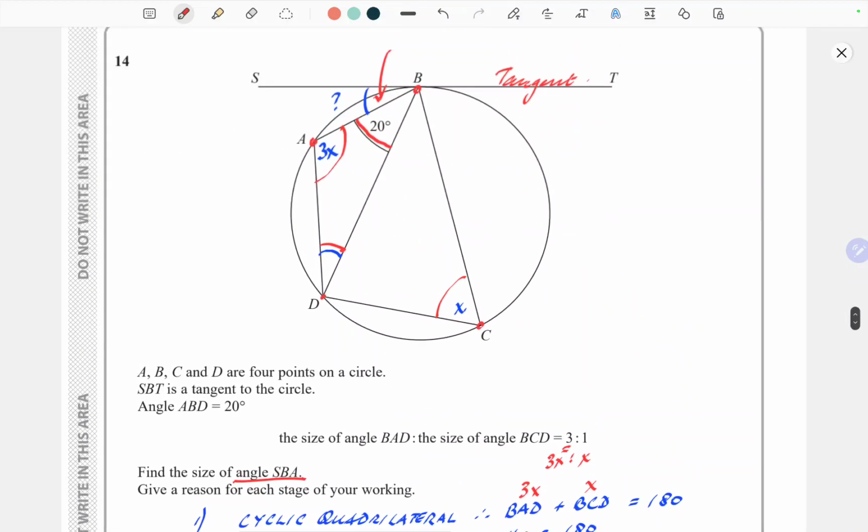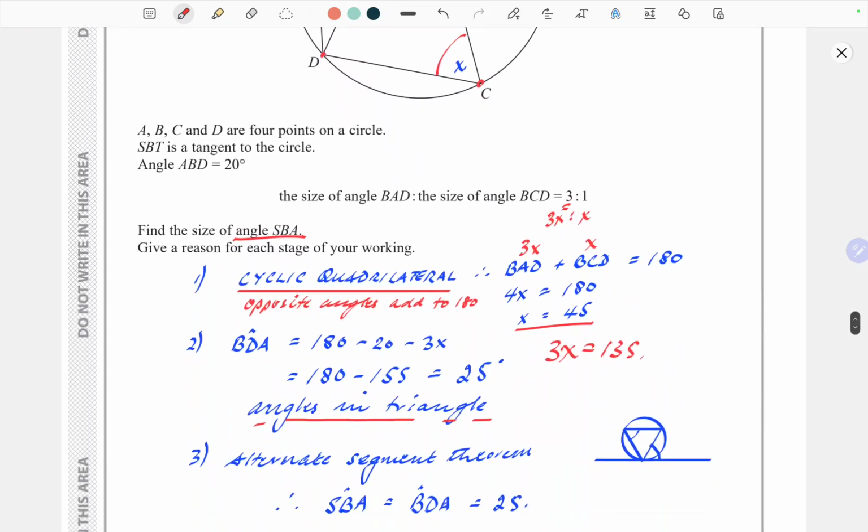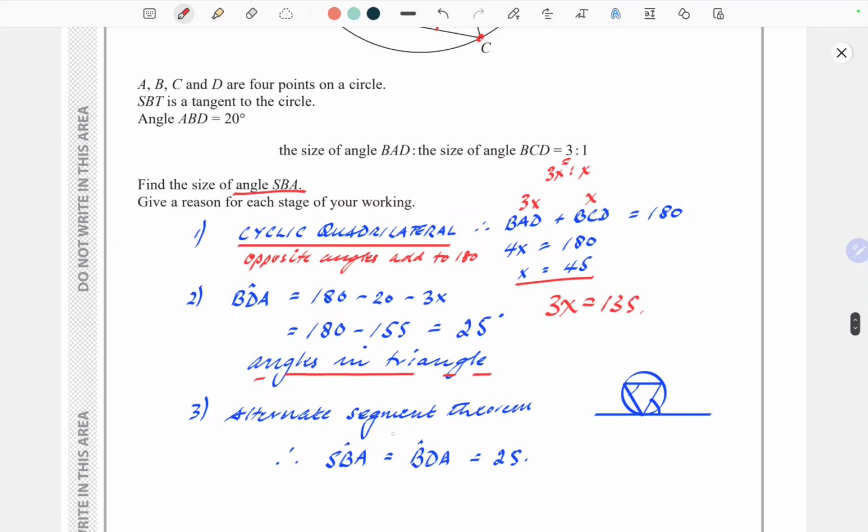And so coming back to our diagram for a moment, we know that this one is 25 now. And using the alternate segment theorem, remember that if you have a tangent touching a circle with a triangle inside the circle, the exterior angle there equals that opposite angle there.